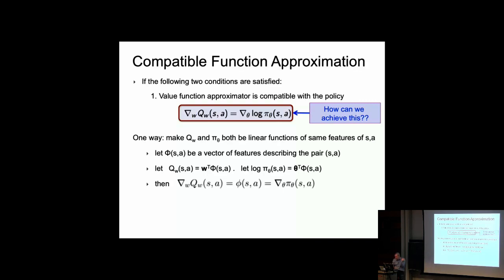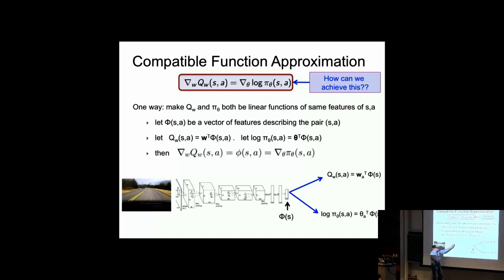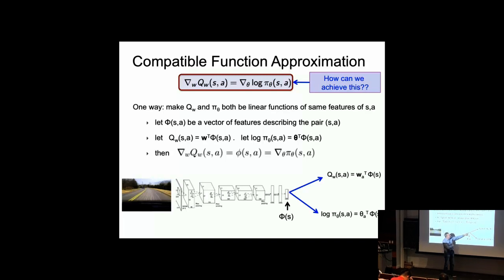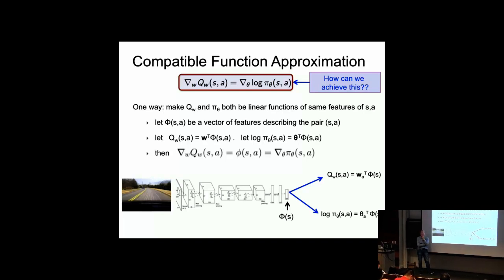Well, this turns out to be very handy because if we combine this with, say, a deep neural network that has some complicated state, and we use many layers in a deep network, and then at the end, we have some features that describe that input, then we can use those as our phi of S and learn both a Q function and a log probability function.